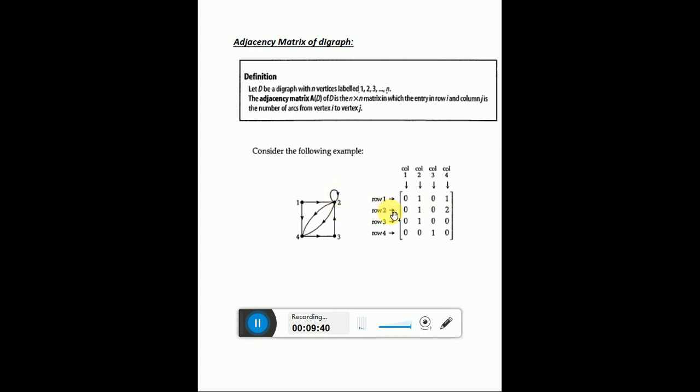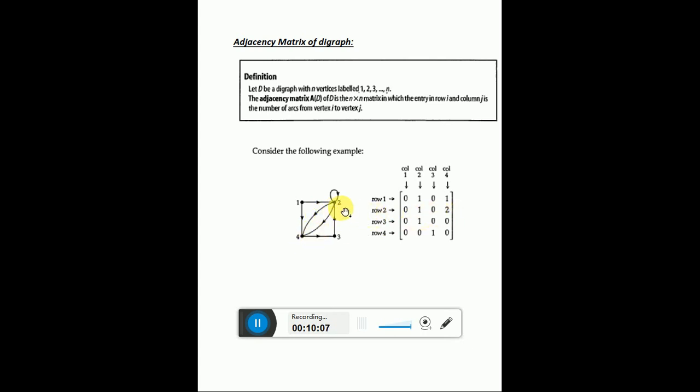In a similar way, 2 has a self loop. So 2 is joined with itself, but in the adjacency matrix of a simple graph, 2 is joined with 1. Here we have a reverse direction, so the reverse direction will be counted as 0. So 2 is not joined with 1. 2 is joined with itself and 2 is joined with 4 with 2 arcs.